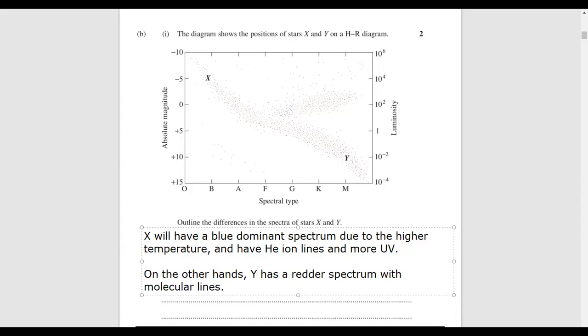You may also see some other lines, but that would really be the key point. Molecular lines, and possibly others. I mean, it's an M, and it's quite low. It's main sequence. So we can leave that like that.